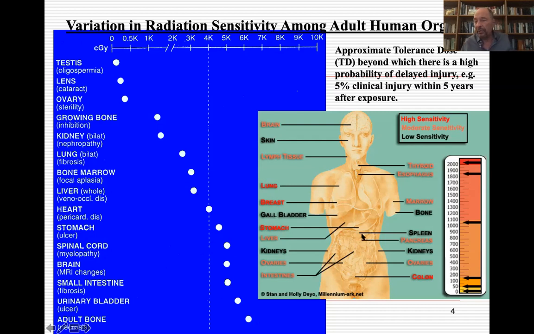You see it also here. It's a color scale. Going from the lower part, these are particularly resistant, and then when you move to the red, you go into sensitive organs.